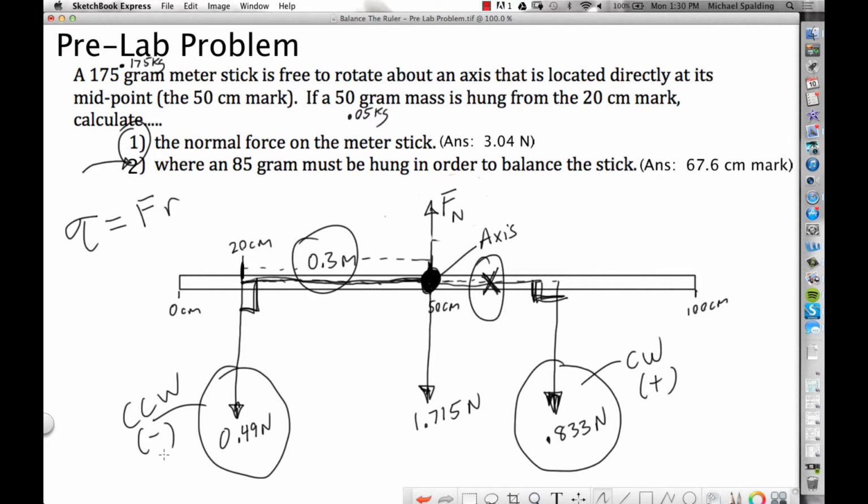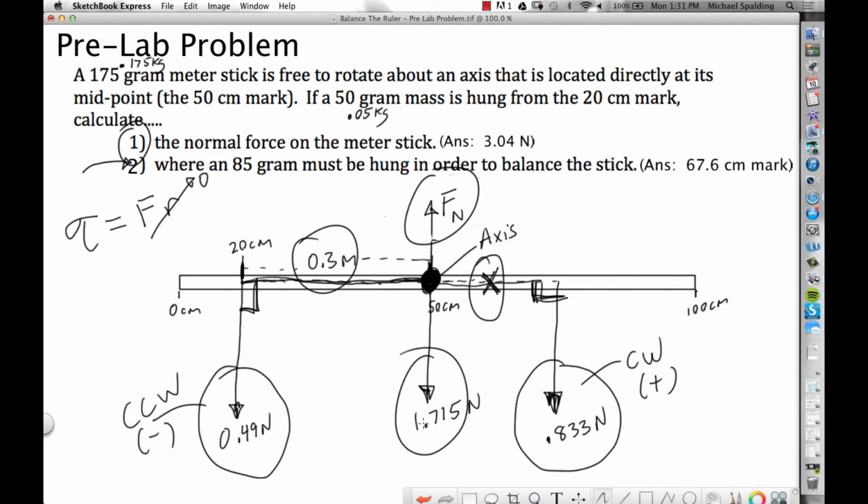Now, dudes, what about the normal force and the weight of the stick itself? The normal force and the 1.7. Are those guys causing a torque? No, because they're on the axis. If a force is on the axis, what's the distance from the axis to the force? 0. So in other words, your R is 0 for those two forces.